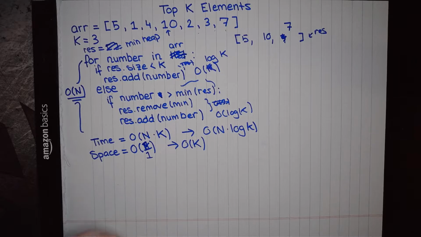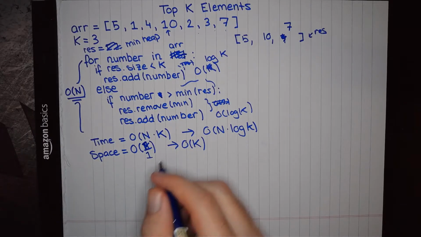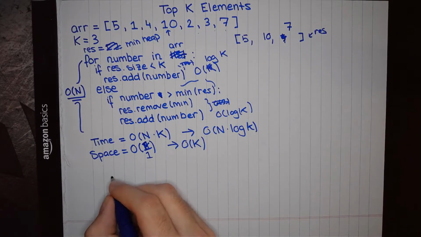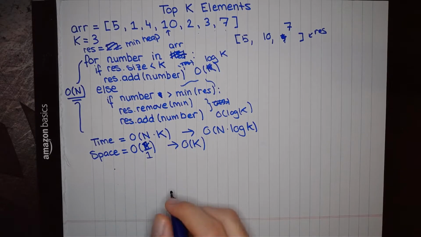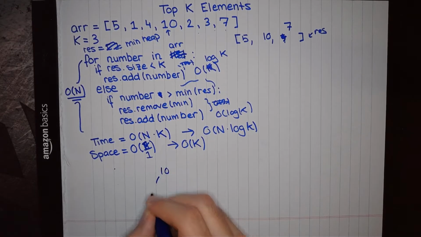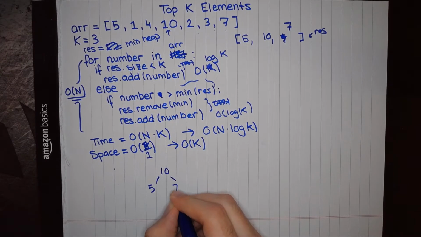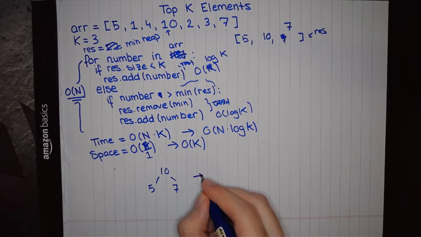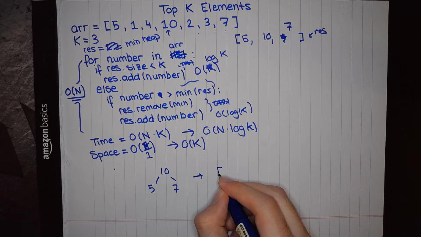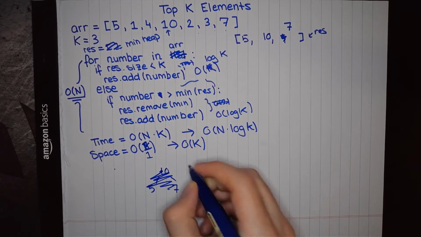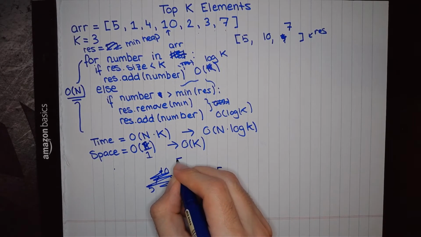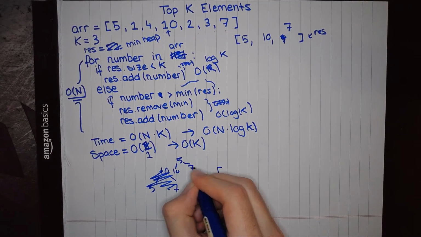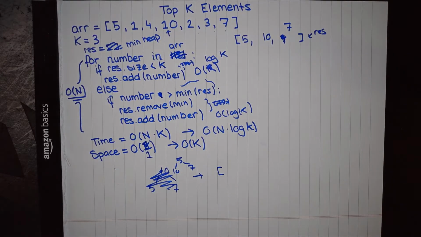Now, I want to hone in on the fact that we said we would end with some heap that kind of looks like this, and we would dump that into a list. Oh, whoops, actually it doesn't look like this. It looks like this: 5, 10, 7. It's a min heap, because we're doing the min operations.